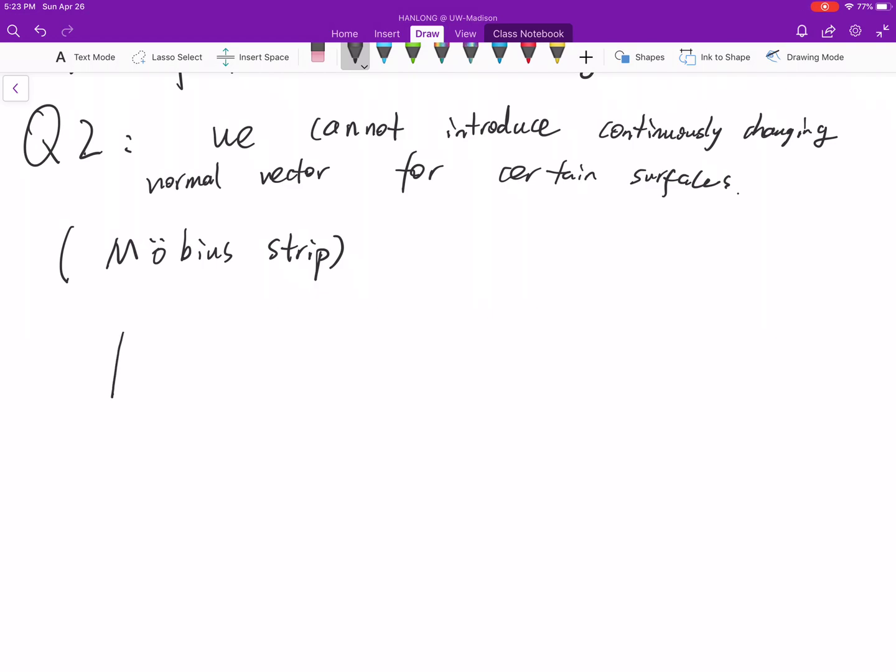So suppose you have a strip, and if you glue these two sides together such that the arrows are in the same direction, then for this case what you have is a cylinder, the sides of the cylinder, right?